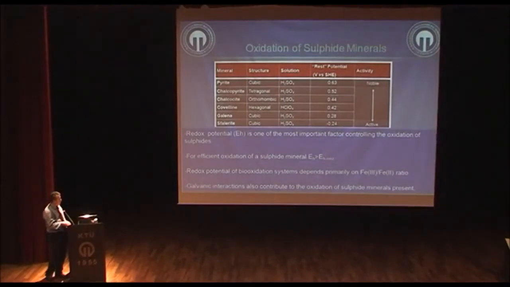And of course, we can infer from this table that galvanic interactions also contribute to the oxidation of sulfide minerals present, which means, for example, when pyrite and sphalerite are present within the system, pyrite will be cathodically protected, while sphalerite will be anodically oxidized.